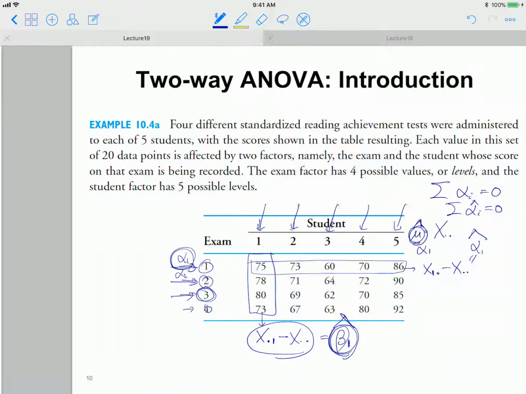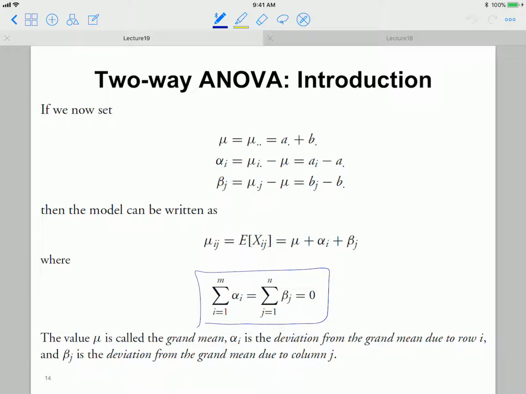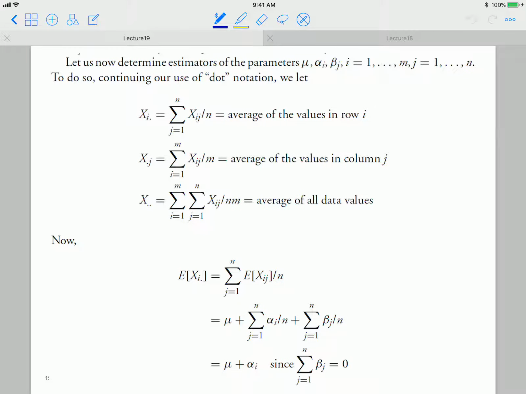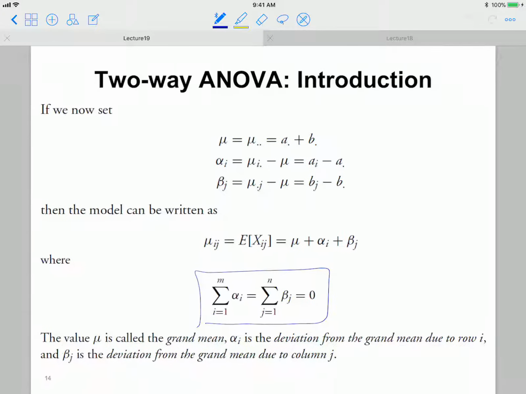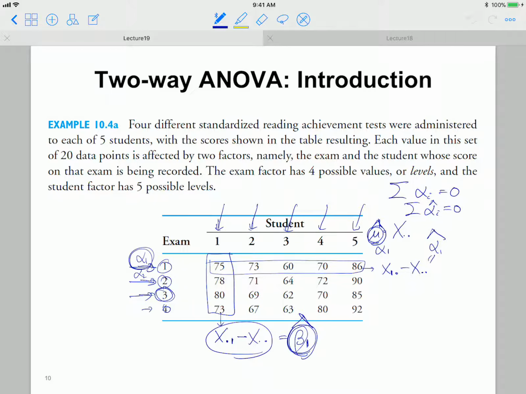If you want, you can follow all these equations. Yeah, quite easy, although it is a little bit lengthy, but you can follow these proofs. But please remember that, similar to the true parameters alpha i's and their sum being 0, summing up these estimators will also result in zero.